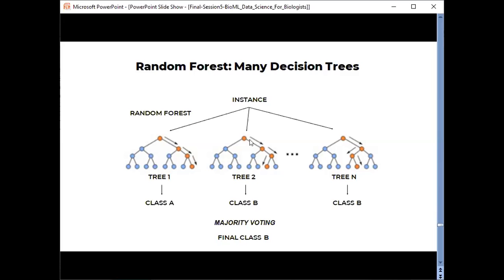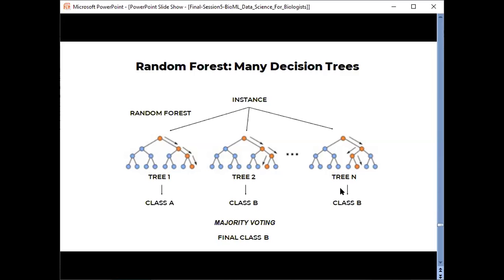Here each tree is going to predict the class label. For example, once it produces a number of trees, that is a random number, each tree predicts a class label, like tree 1 predicts class A, tree 2 predicts class B, and tree n predicts class n.